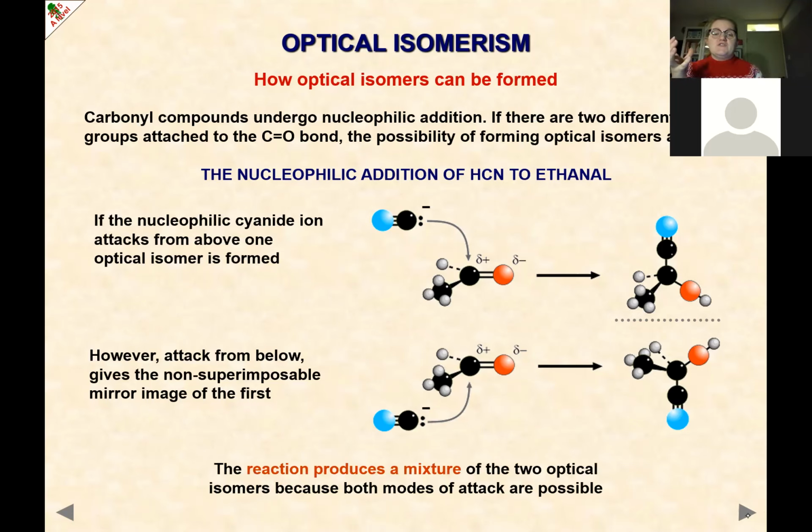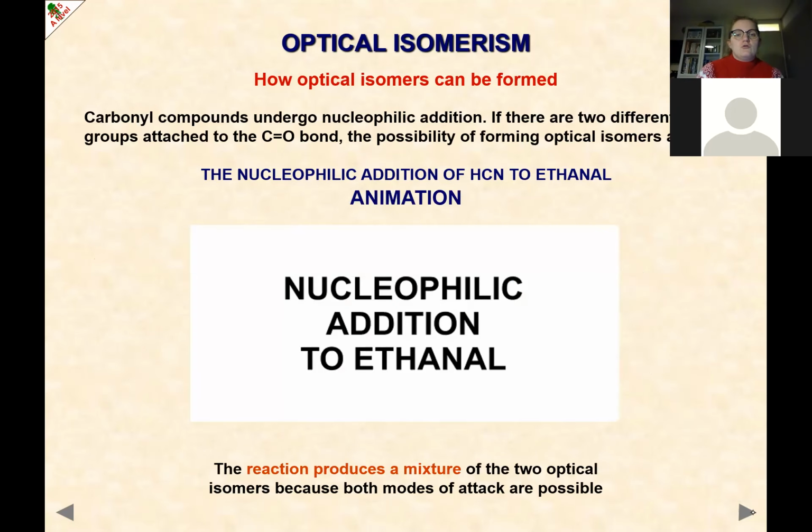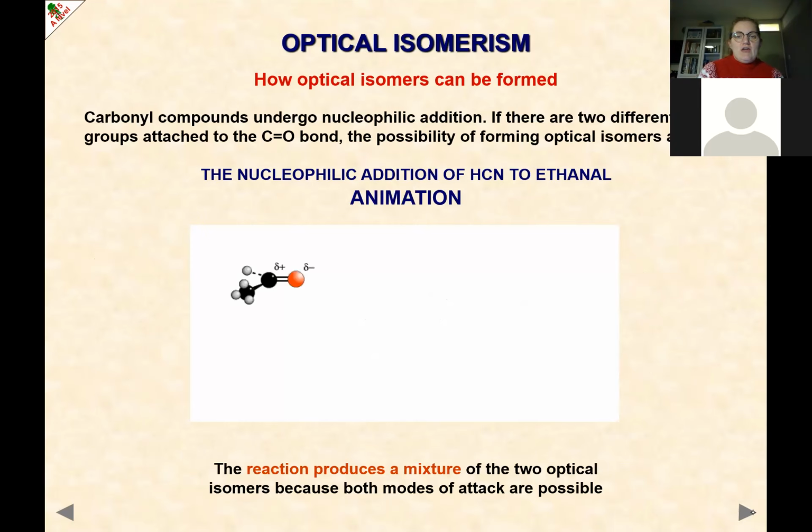So this reaction produces a mixture of two optical isomers because both modes of attack are possible, and neither is favourable over the other. They're both exactly the same, and that would make our racemic mixture. So, the nucleophilic addition of HCN to ethanal, here we go. The cyanide ion attacks from above, that bond breaks, and we get our first isomer formed.